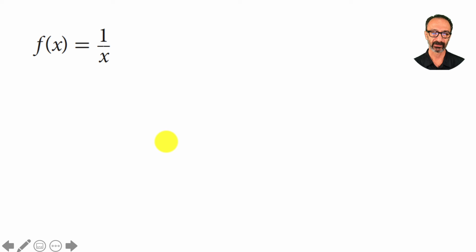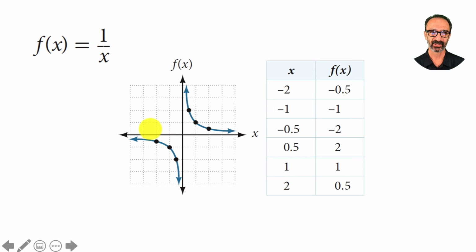1 over x. This is how it looks. Once you plug in very small numbers like 1 over 0.01, that's 1 over 100ths, it's going to flip and give you 100.